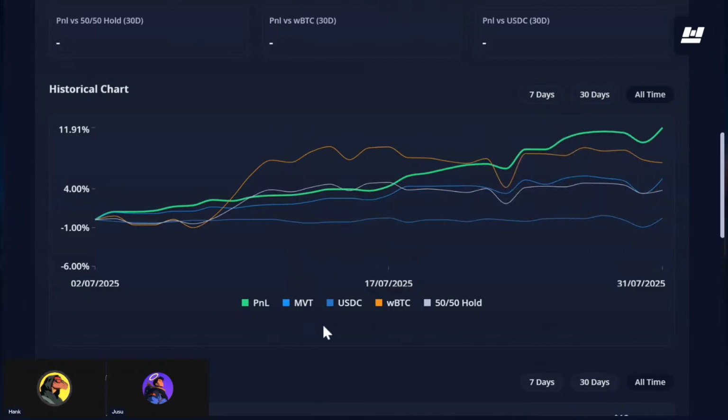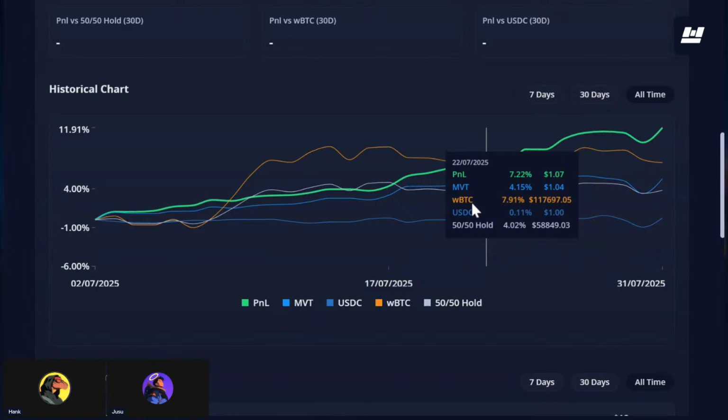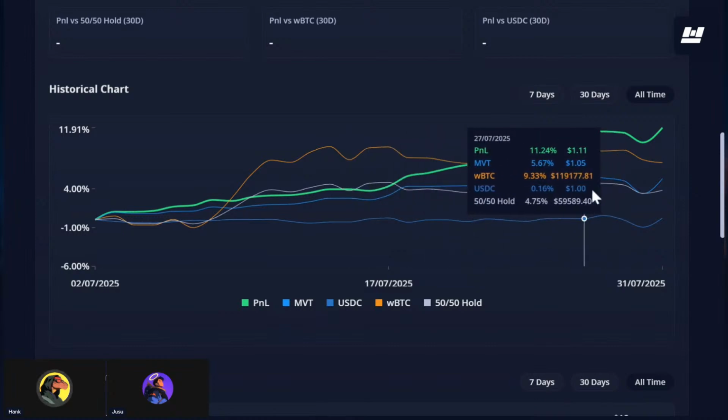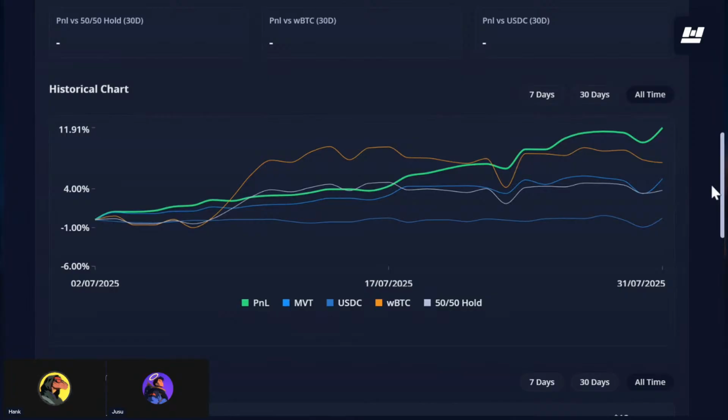That's what the MVT token shows you. It's always nice to see the MVT token somewhat around the 50/50 or above, because that shows that the operator is really taking care that the liquidity within the vault is managed properly and takes advantage.